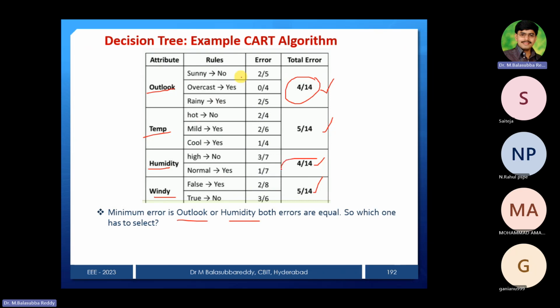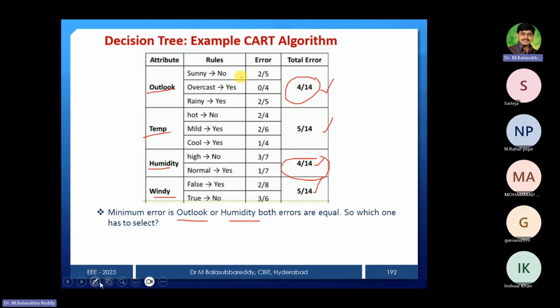Humidity and outlook are considered minimum error compared to the other two. So you discard these two.